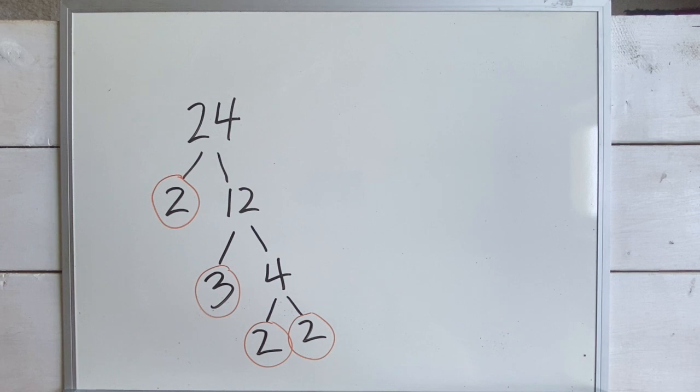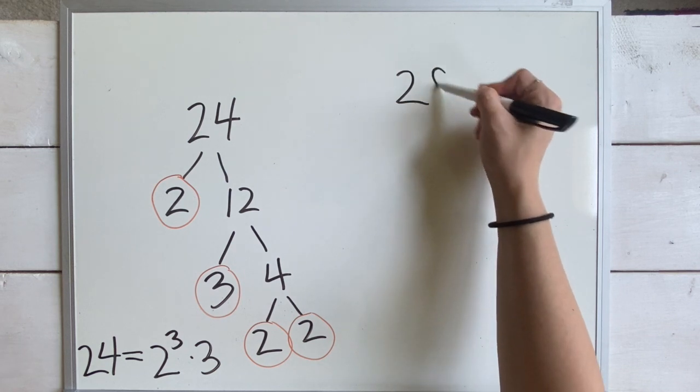Now we have the prime factorization of 24. If we wanted to, we could rewrite it like this. 24 equals 2 cubed times 3.